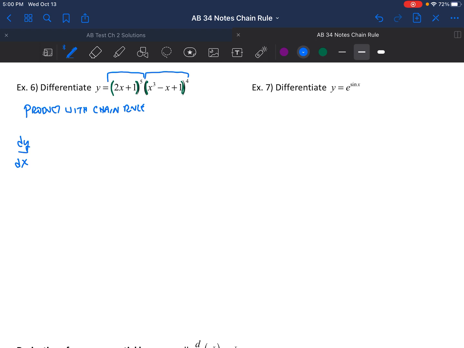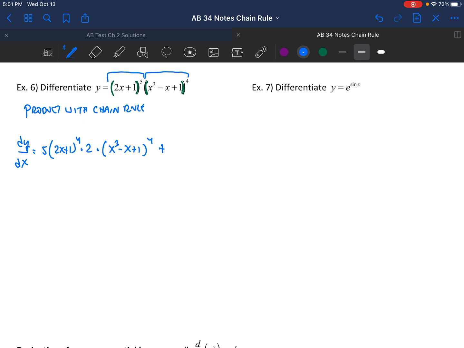first times the second. We're going to have 5 2x plus 1 raised to the fourth, multiplied by 2, that's the derivative of the first term, multiplied by the second. I've got x cubed, subtract x, add 1 raised to the fourth.